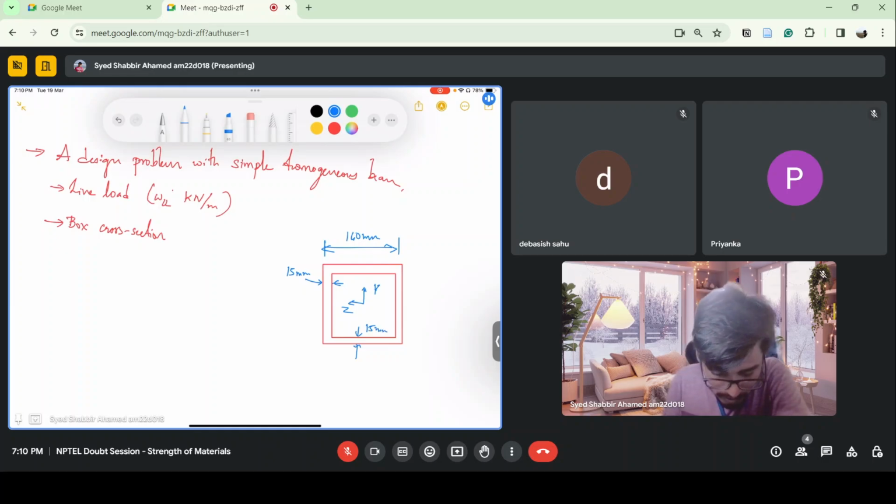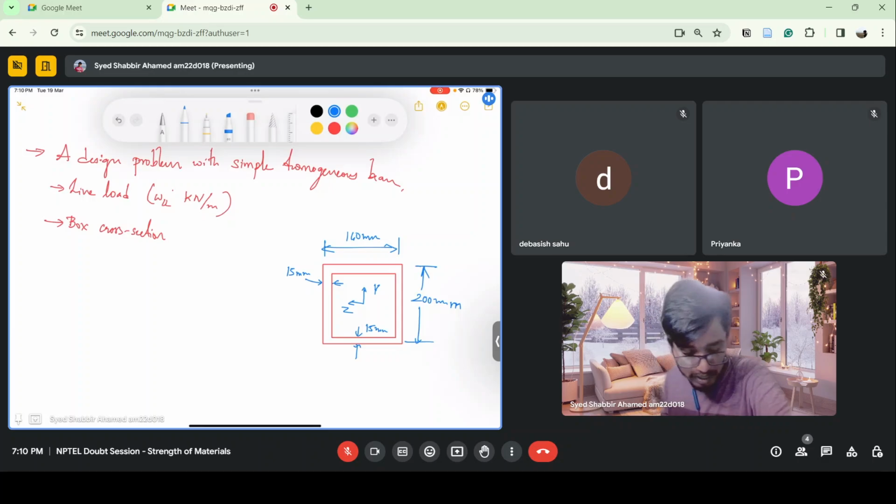Overall, the wall thickness is 15 mm, and the depth is 200 mm. Whatever I have drawn is not to scale. It looks like a square, but it is a rectangular section.